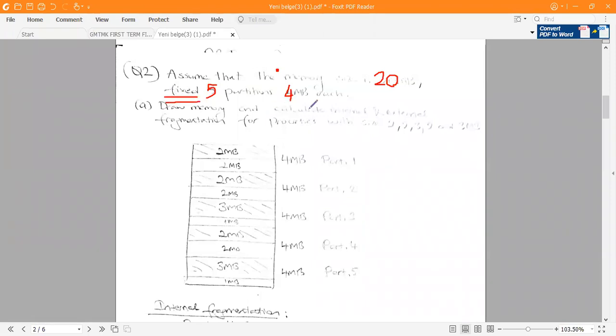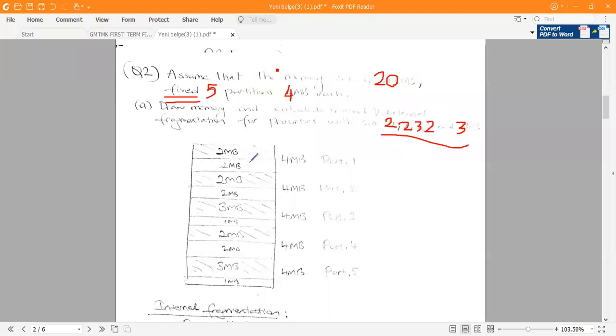So you can understand how to solve it. It says illustrate or draw the memory if the processes are coming like 2 megabytes, 2 megabytes, 3 megabytes, 2 megabytes, and 3 megabytes, in this order.